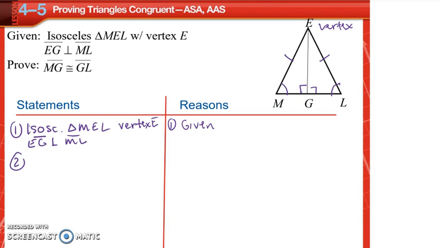The next thing on this one, I'm trying to read my notes because I did this a couple different ways. Because it's isosceles, we know that the sides, ME, see we already talked about this, is congruent to ML. The reason for that is the definition of isosceles triangle.